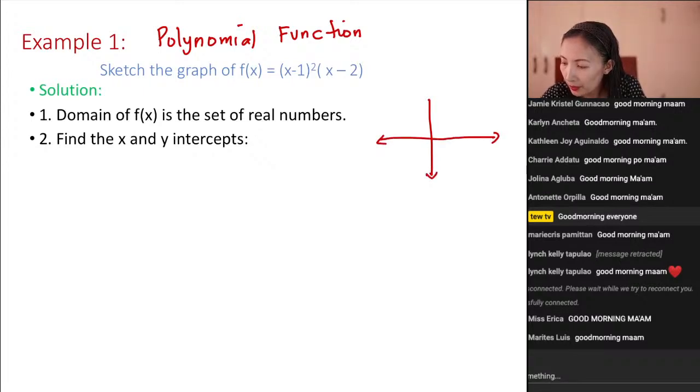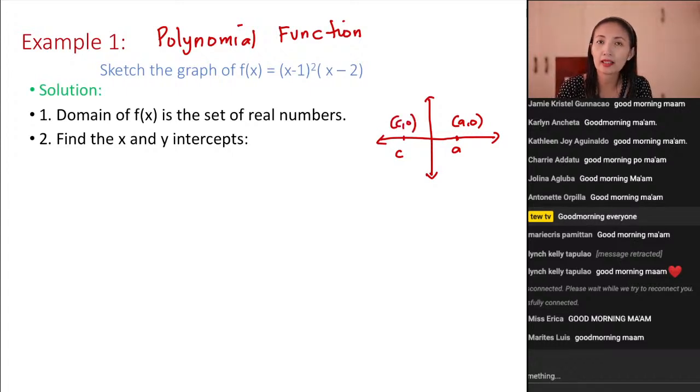Every point, for example, let me label this as A, and let me choose this as C. You know that this is A0, and this is also C0. So what have you noticed with the second coordinates of the points along the x-axis? All points along the x-axis have 0 as their second coordinate. So to solve for the x-intercept, we simply let y be 0.